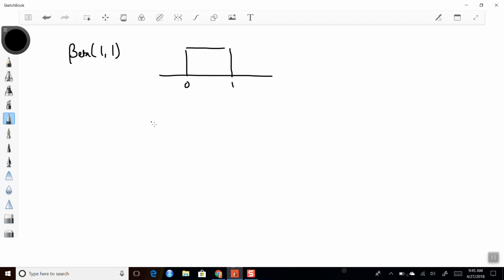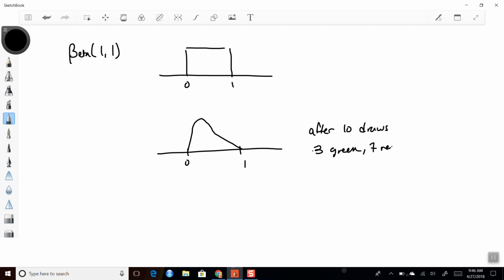And then we said after 10 draws, our distribution from 0 to 1 would probably look like this. So this is after 10 draws with 3 green and 7 red.